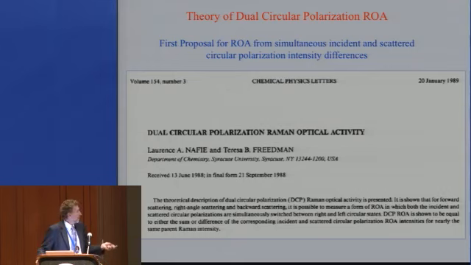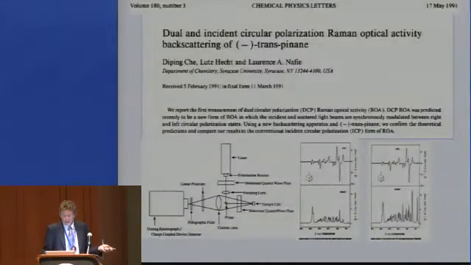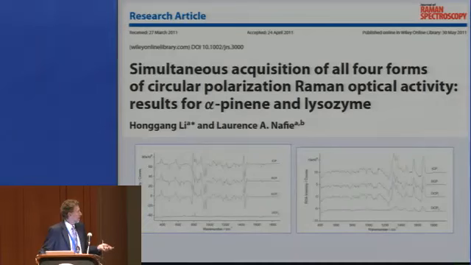So we also developed a dual circular polarization method. I showed you those options on one of the first slides. And we actually measured dual circular polarization ROA and compared it to the ICP in this paper with Lutz Hecht and Diping Che, who were pioneers in this form of circular polarized ROA.